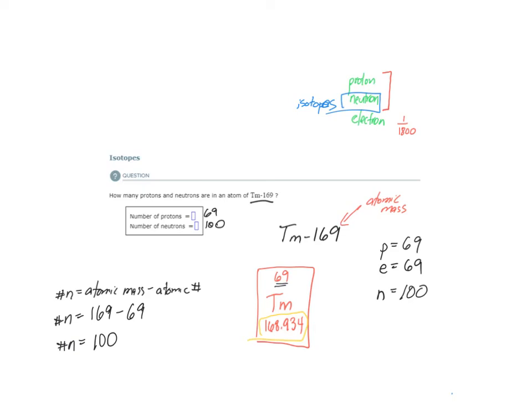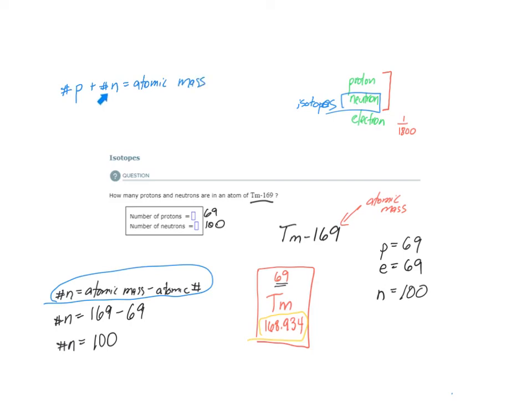For those that would like to see how we get this equation, please stick around for just another second while I explain it. We talked about what contributes to the mass of an atom, the main contributors: the proton and the neutron. So we know that the number of protons and the number of neutrons equals the atomic mass of an atom.